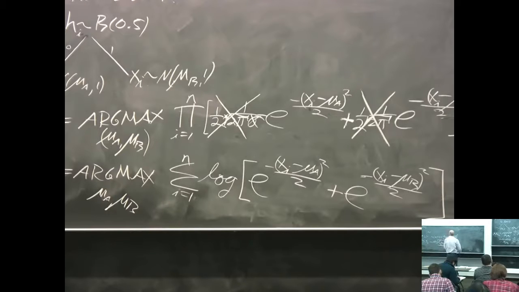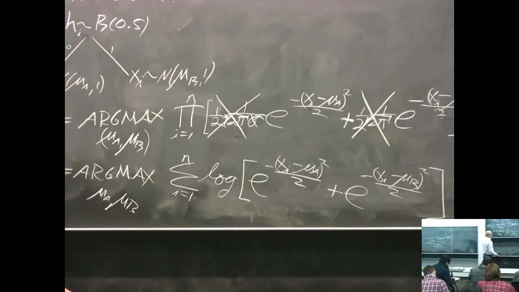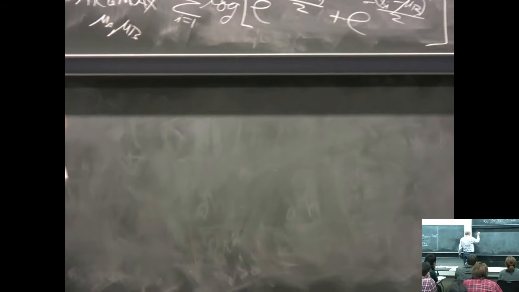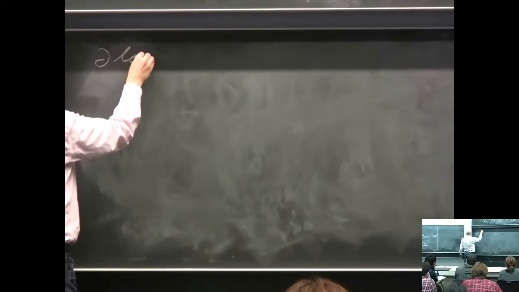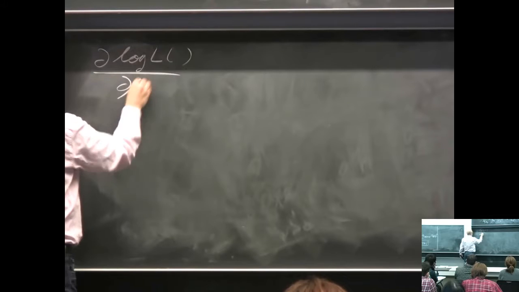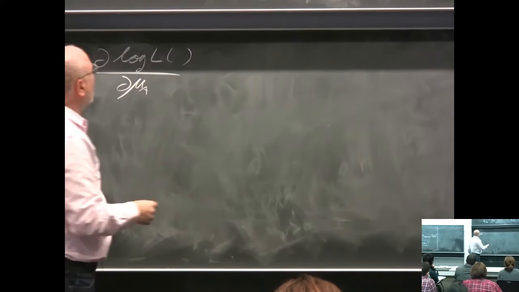So, well, maybe I'll write it here. I can say the derivative of the log likelihood with regard to mu A, and then I can separately do it for mu B. I need them both to be equal to 0 to find the joint maximum.